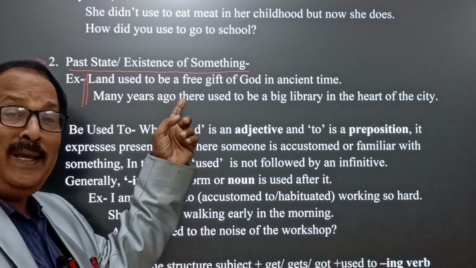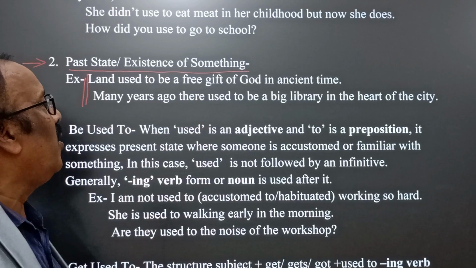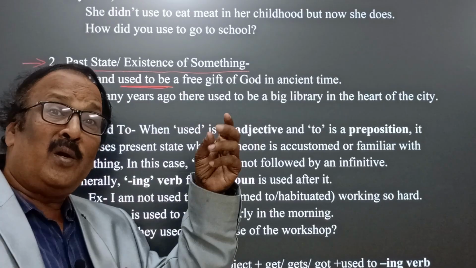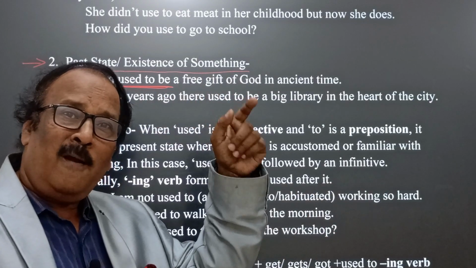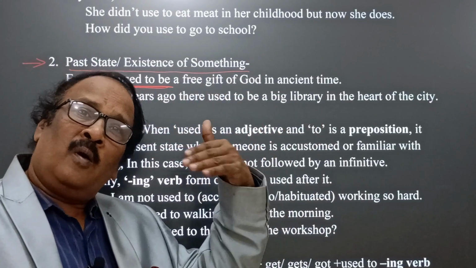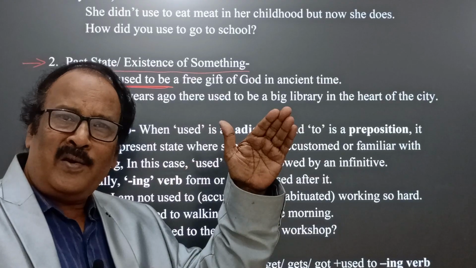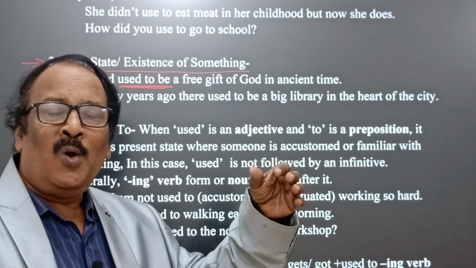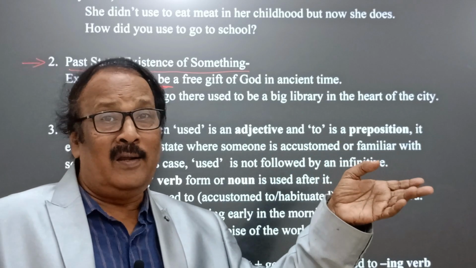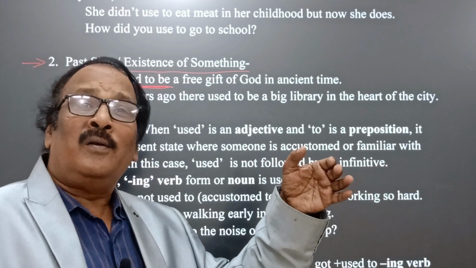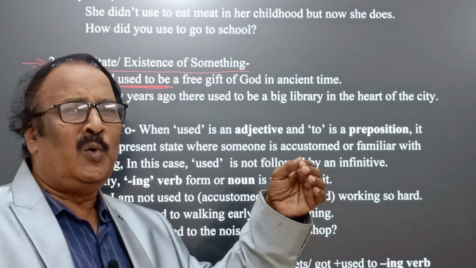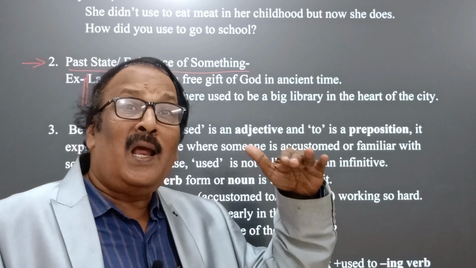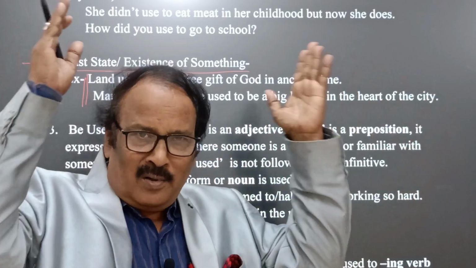Land used to be a free gift of God in ancient times. Yes, this is true because in ancient times people cultivated land according to their choice. They were free to cultivate any land according to their choice, and there was no one to restrict or prohibit them because land was a free gift of God.